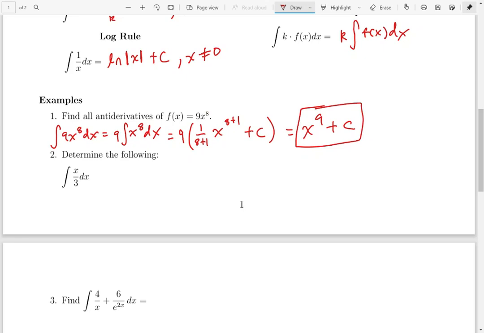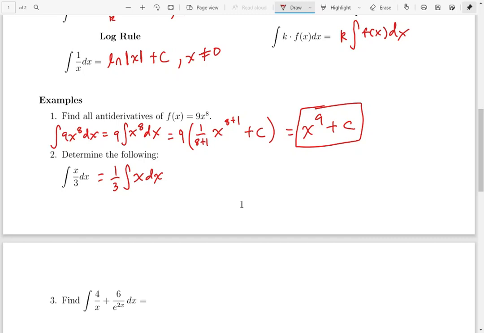Well, then let's determine the integral of x cubed over 3 dx. Well, we have a constant times a function, so that's going to be 1/3 times the integral of x dx.